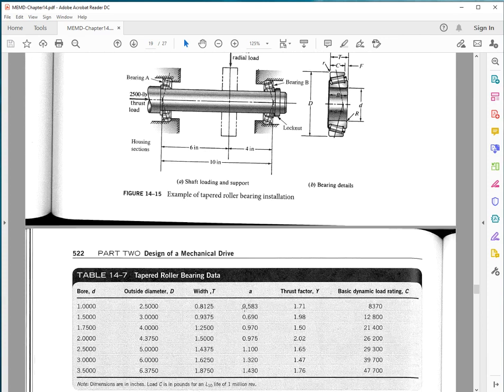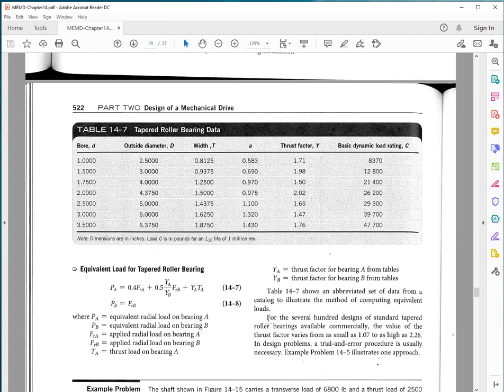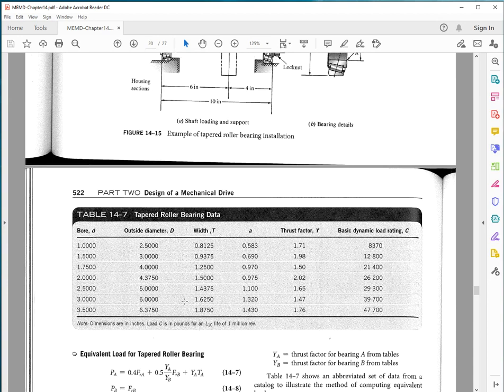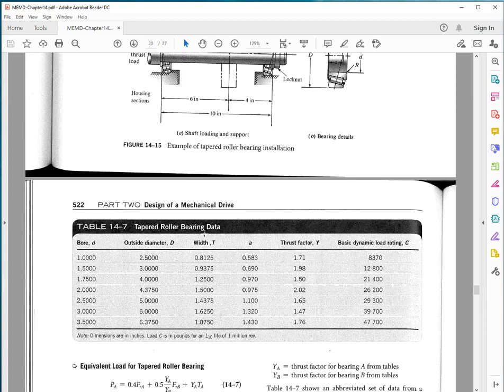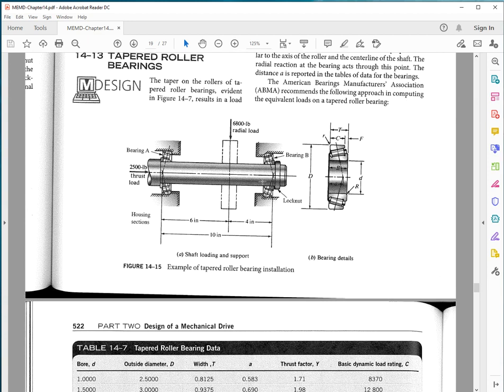Okay. When designing with thrust bearings, with taper roller bearings, they take thrust. The equivalent load is calculated with these equations. So you have one of the bearings taking the thrust. You need to decide which one. Sometimes these bearings could be at different sides.